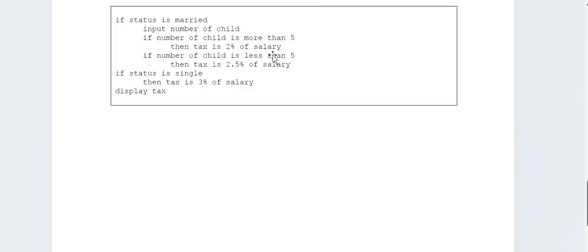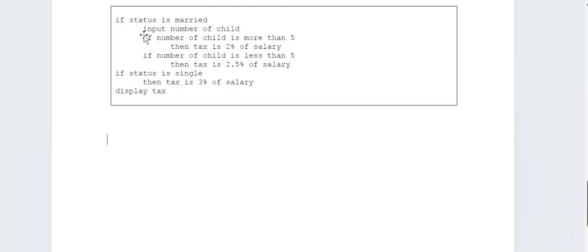If number of child is more than 5, the tax is 2% of salary. If number of child is less than 5, tax is 2.5%. So it has different percentage values for the tax depending on the number of children. Then another if: status is single and the tax is 3% of salary. And finally display tax.